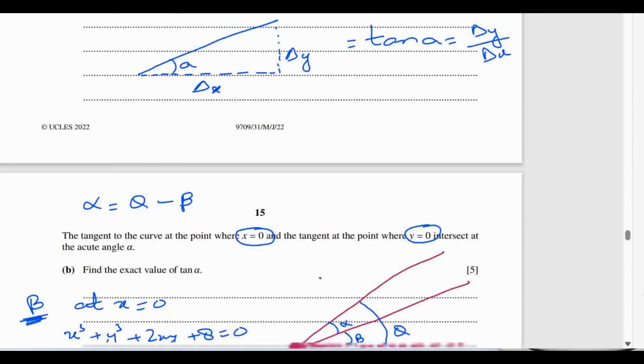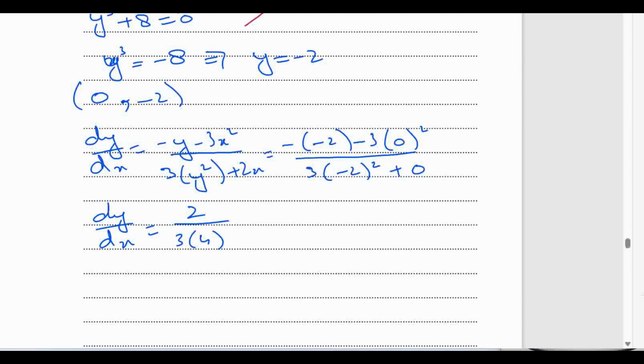So if we put the values, gradient dy by dx will be equals to minus 4 by 12, which equals 1 by 3. So this will be the final answer for the first part.